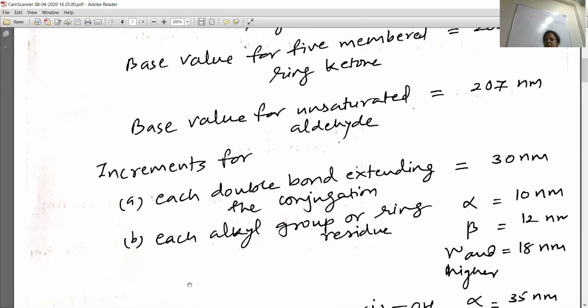Here it is slightly different in comparison to conjugated diene systems. Here each alkyl group or ring residue, when it is on alpha position, has an increment of 10 nanometer, beta 12 nanometer, gamma and higher 18 nanometer.